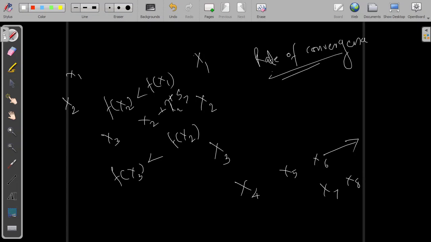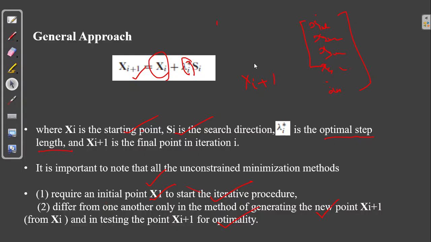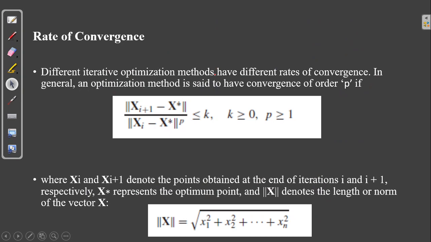And if you increase this, then you can observe that this x7 will be approximately equal to x8, and this x8 will be approximately equal to x9. So in that way it will converge to a single vector of some n number of variables, and so you can define the rate of convergence.